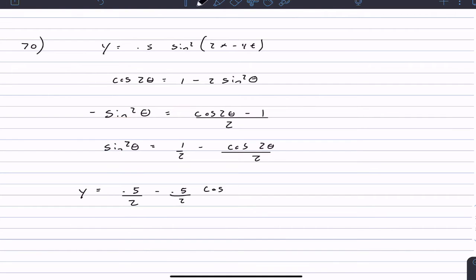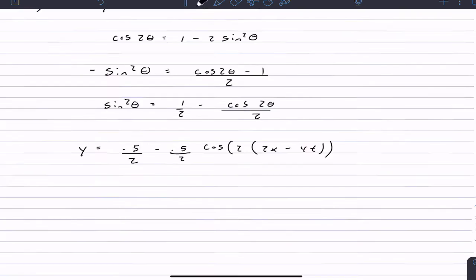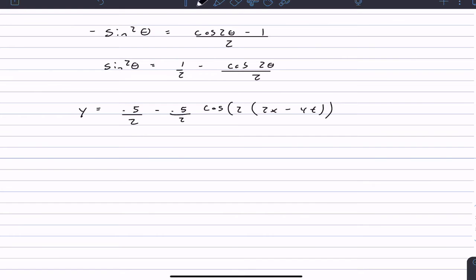And then cosine 2 times everything that was inside the function, which is 2 times x minus 4 times t. So we have 1/2 times 1/2 is 1/4, and that means we have 1/4 times everything. So now y is equal to 1/4 times 1 minus cosine 4x minus 8t.